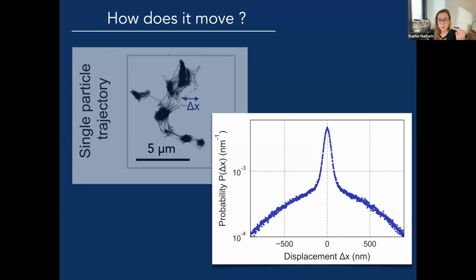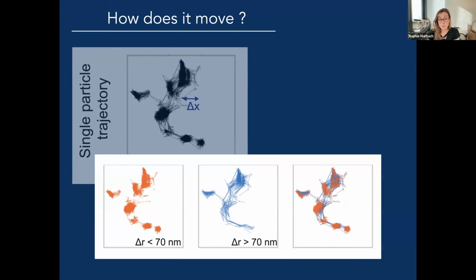So then I can at least do something to look a little bit more at what's going on. For example, I can color on this single particle trajectory the short and the long steps. This is what we've done here, and we see something that is pretty hard to interpret, but the short steps are confined and the long steps help you go from one region to the other.